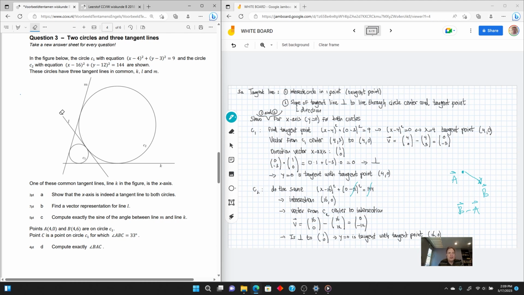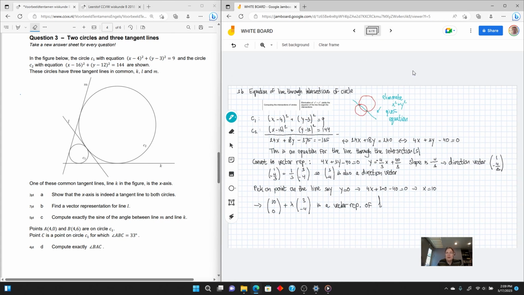They're asking a vector representation of the line. Well, one thing that is in the materials about circles tells you how to find very easily the line that goes through the intersections of two circles.